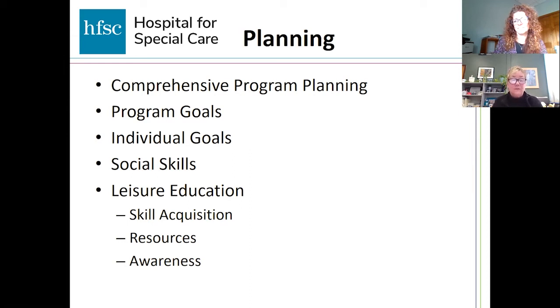What are the steps that need to take place? We certainly are looking at providing support so these kids can grow and utilize the skills as they relate to social interaction.